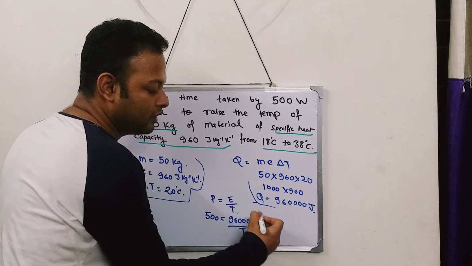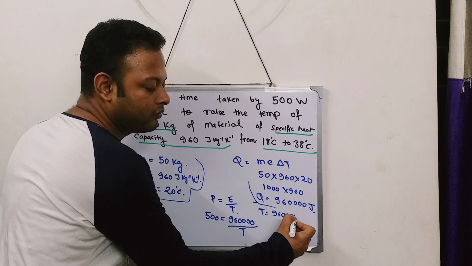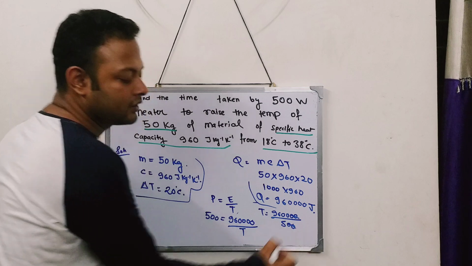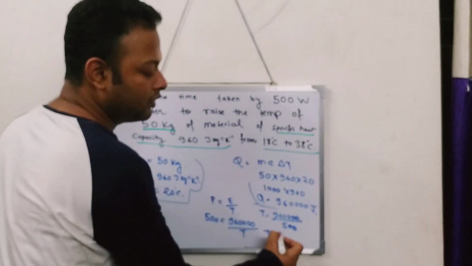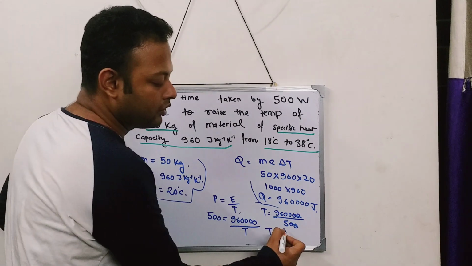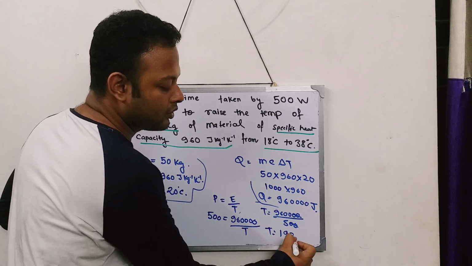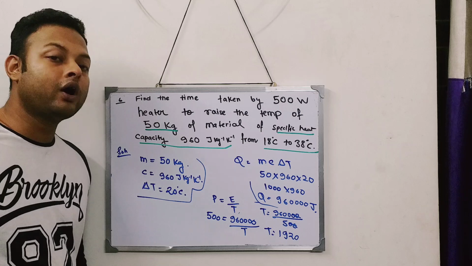Now if I solve this, how much am I getting as the value of T? T is 960,000 by 500. Cancel, cancel. You are getting 1920. What is the unit of this 1920?